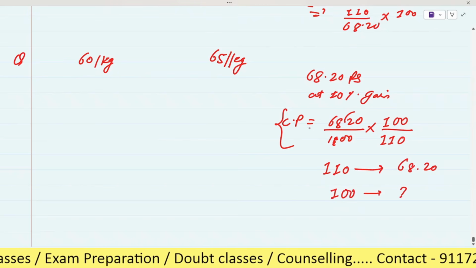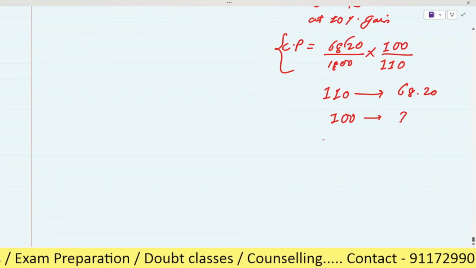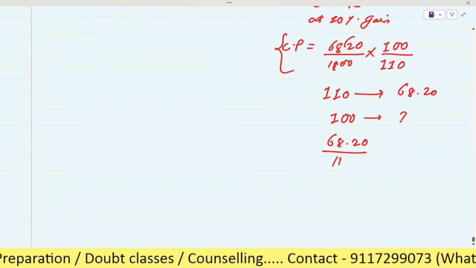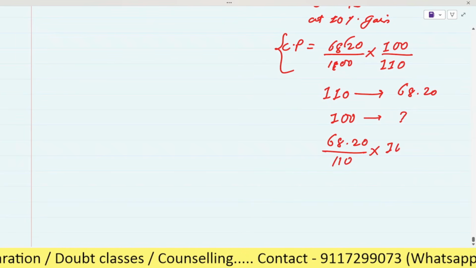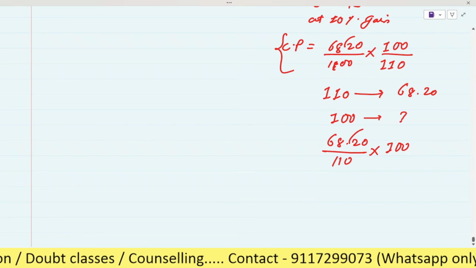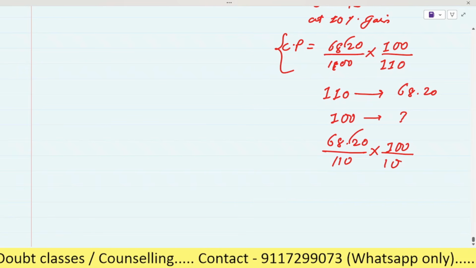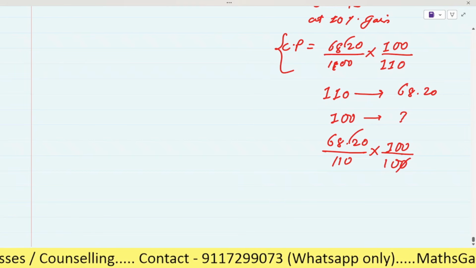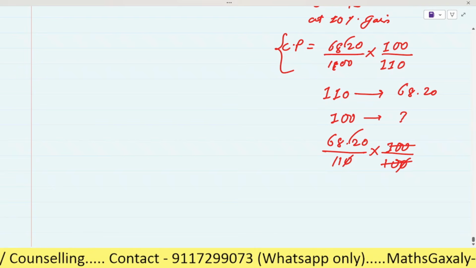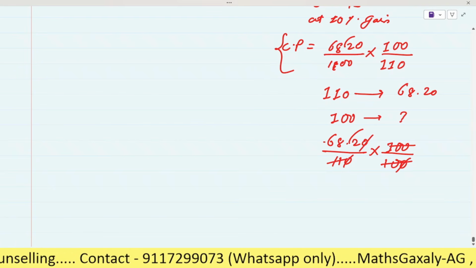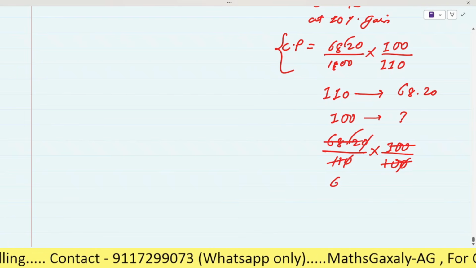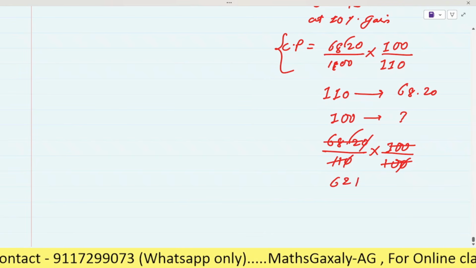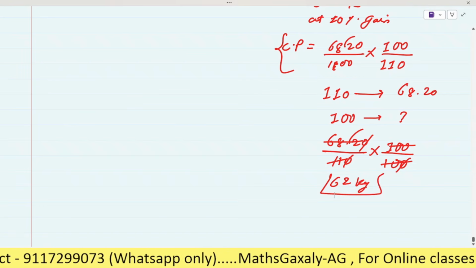You can understand it like this. So it will be 68.20 divided by 110, we have to find the value for 100. When you remove the decimal, you get 100. Then cancel this 100 and the 0, and divide by 11. 11 in 6 times 66, 2, 62. So 62 rupees per kg.